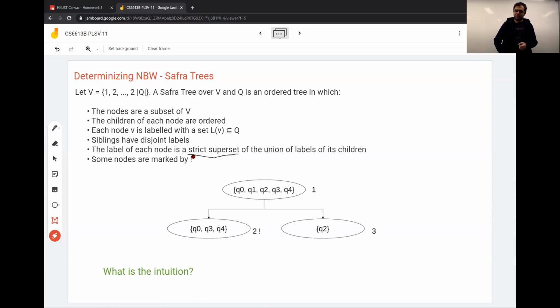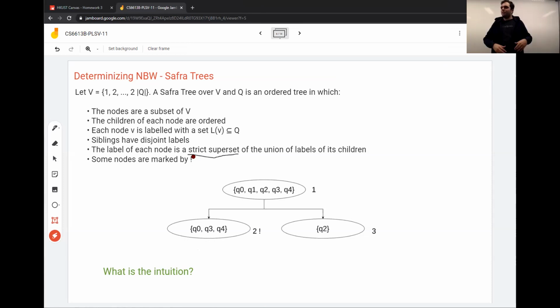So at most n. Because, well, take a leaf, it cannot be empty, right? So the leaf is introducing one of the states of the original automaton. Now take its parent. That parent is also introducing something new that wasn't already in that leaf, or any of its siblings.